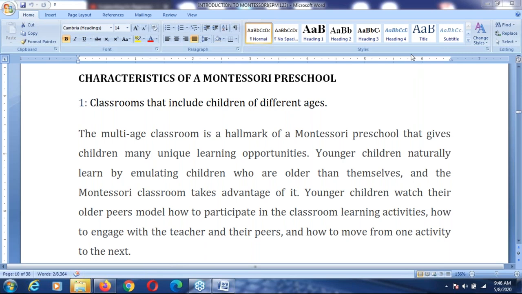Not only the teacher, even the older ones make sure that they obey the rules and regulations of the class. In so doing, the child naturally gains self-discipline.